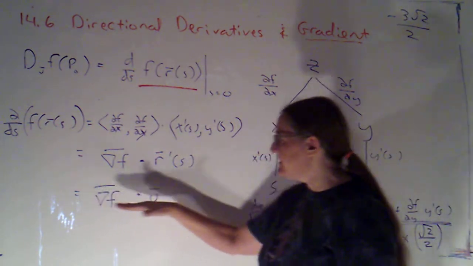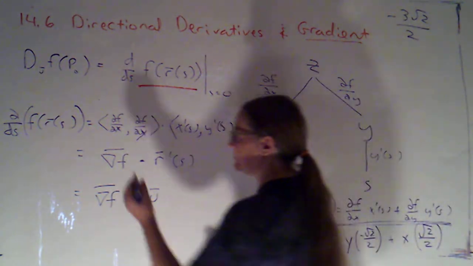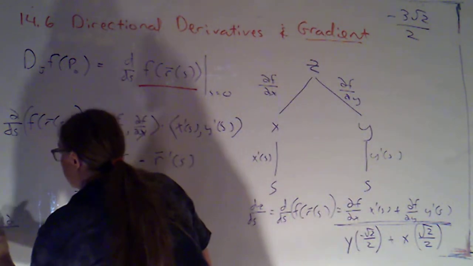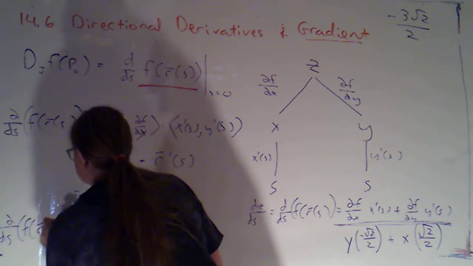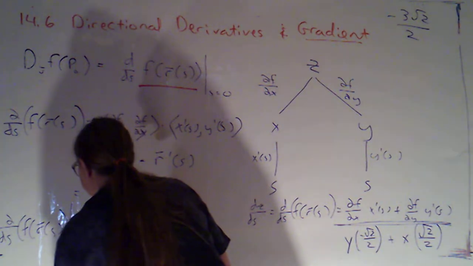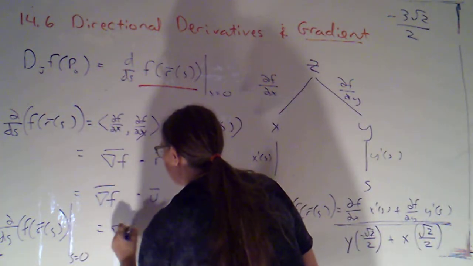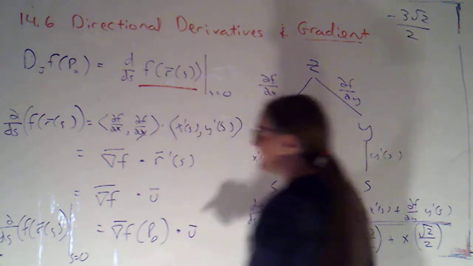Okay. So that's going to be my nice, nifty shortcut to calculate the directional derivative. I take the gradient and I dot it with the unit vector that gives me the direction. Okay. Now, this is just my formula for the derivative. The derivative with respect to s of f of r of s, evaluated when s is equal to 0, that's going to be the gradient of f at p naught, dotted with u.